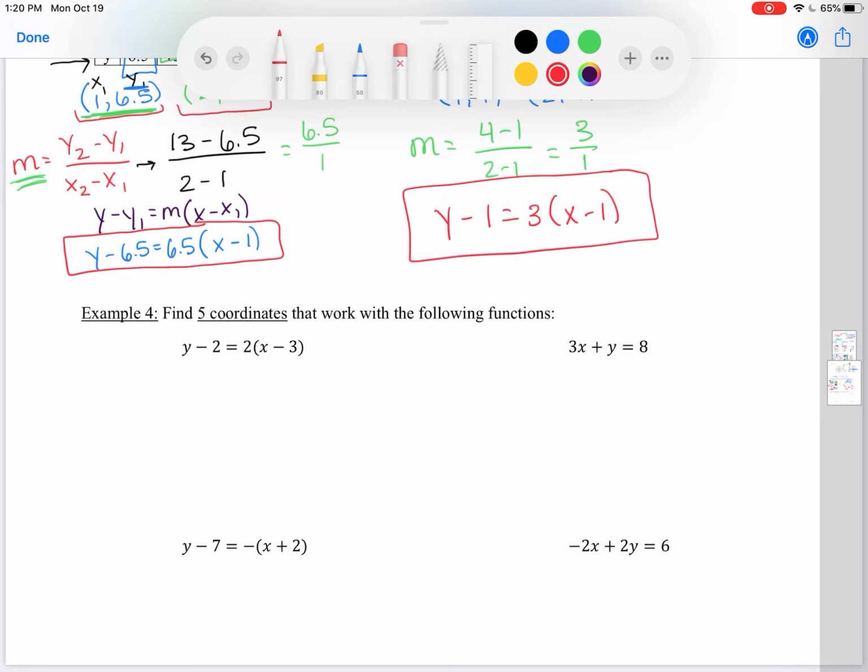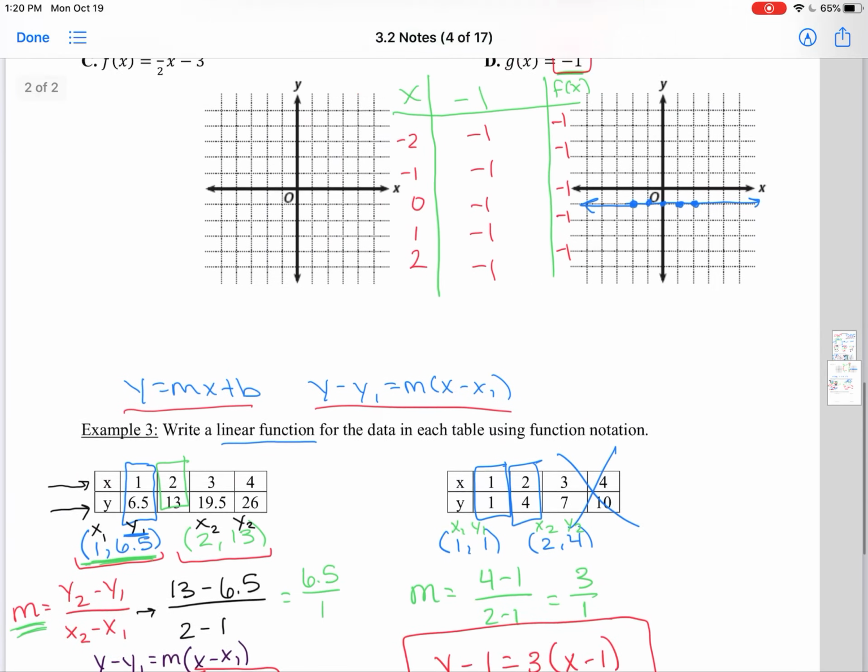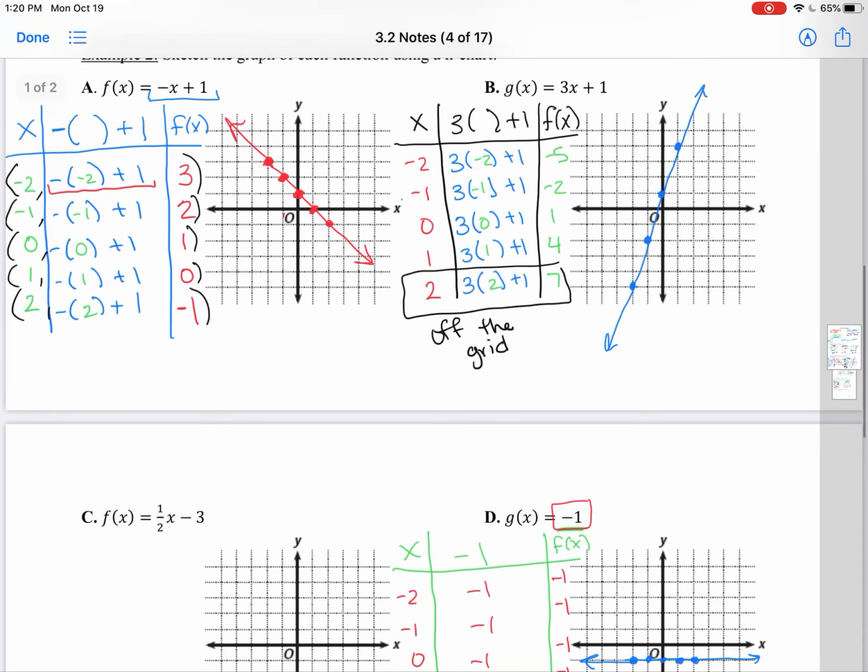For example 4, for the last example of the day, again, read the directions. The directions are asking for 5 coordinates that work with the following functions. All right. Well, think back to when we made those H charts in these examples. How many coordinates, how many points were we able to plot with the values I chose on my H chart?